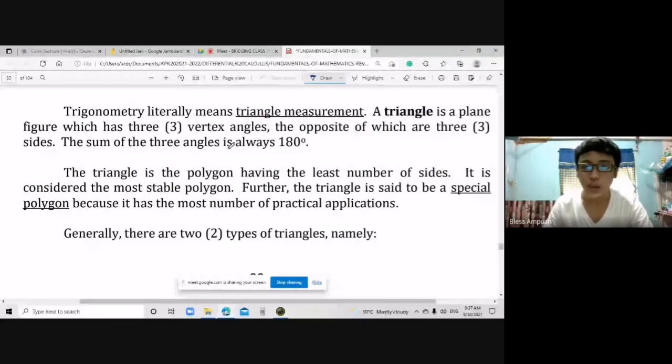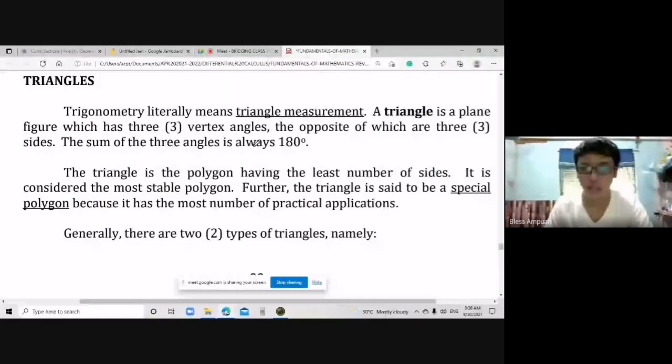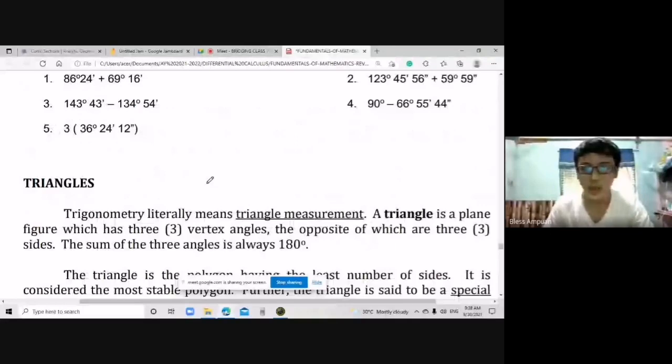So in a triangle, the sum of all angles is equal to 180 degrees. Because we know that a straight line is 180 degrees. Sorry, what I mean is the total of the sum for the triangle is 180.